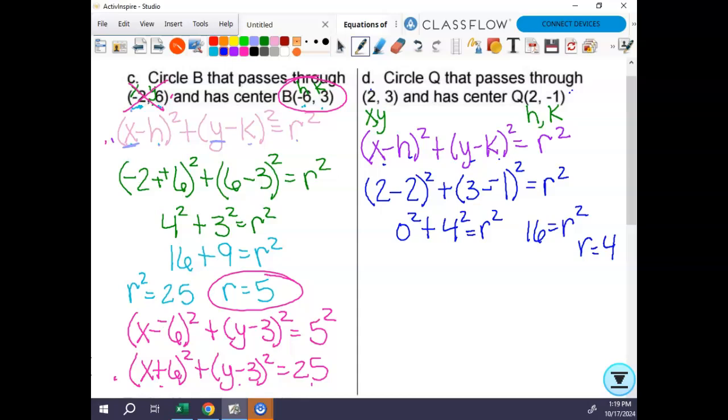All right, you write the equation of the circle then. See if we can use the right information and get what we need out of that.